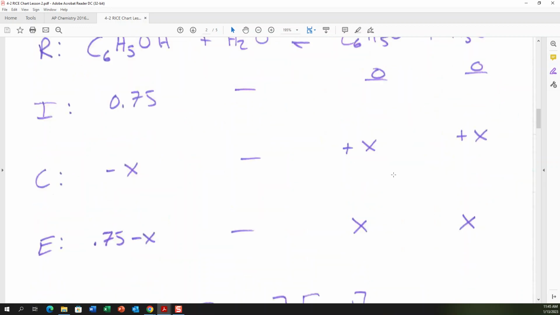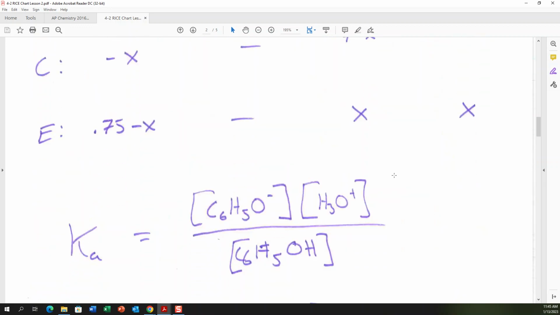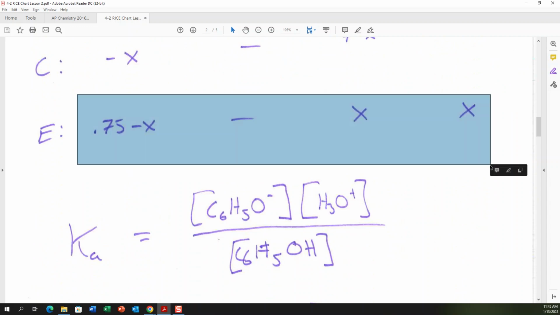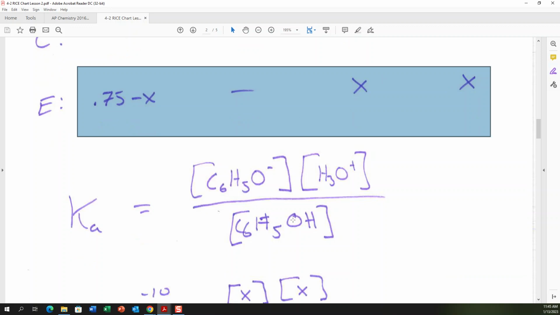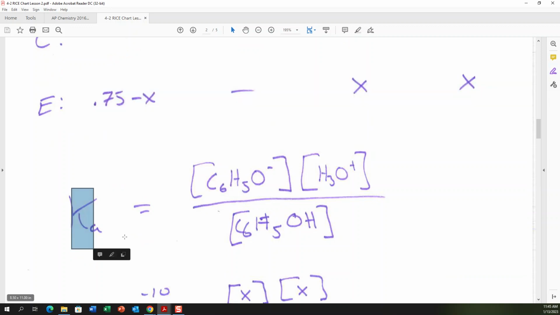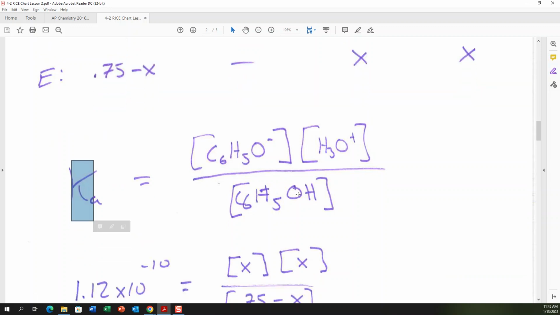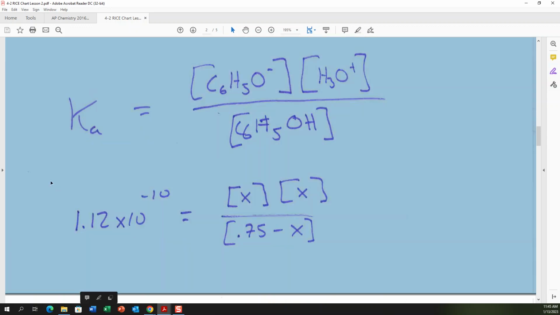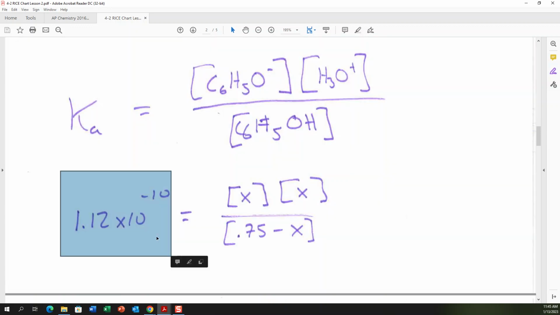All right. So what we're going to do is plug our equilibrium concentrations in terms of x into our equilibrium expression and set it equal to K, because we know what this value is. We know what Ka actually is. So this is our equilibrium expression. I'm going to plug in our value of Ka over here.